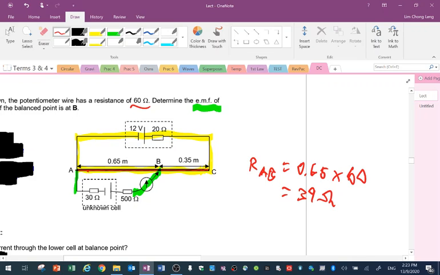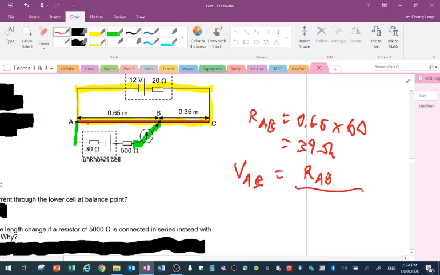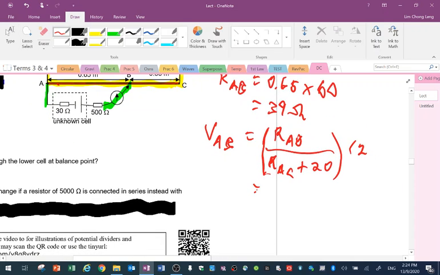So what is the PD VAB? VAB will be RAB divided by the total resistance in the circuit, RAC plus 20, multiplied by the EMF 12. If I substitute the values, 39 divided by 60 plus 20, times 12.